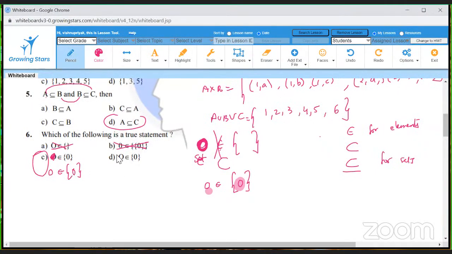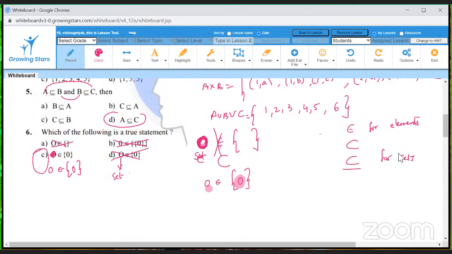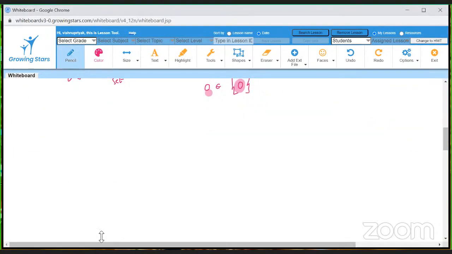C is correct. Again, here a set cannot be belongs to. So C is the correct option. Actually, they gave C and D same. I corrected it. Okay, next.